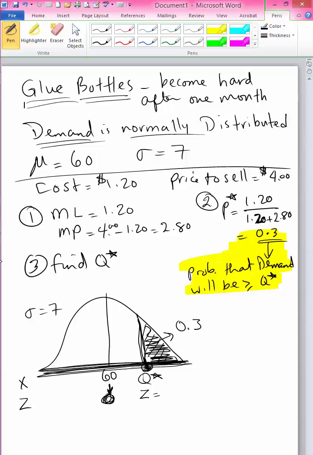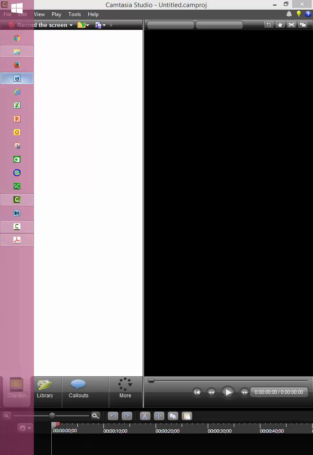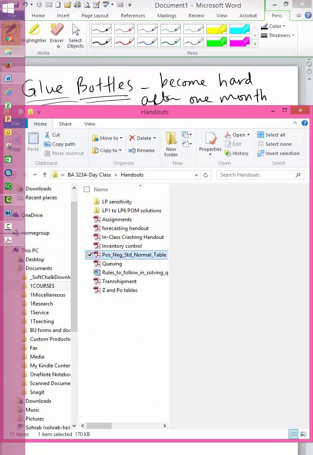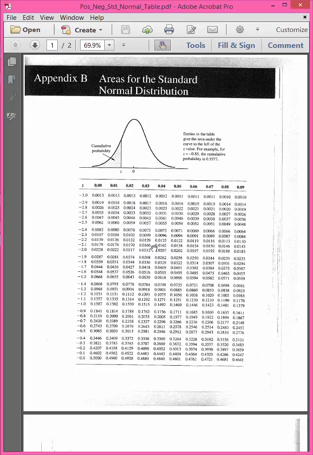Now, from the normal table, here's my standard normal distribution. If I can increase this a little bit.